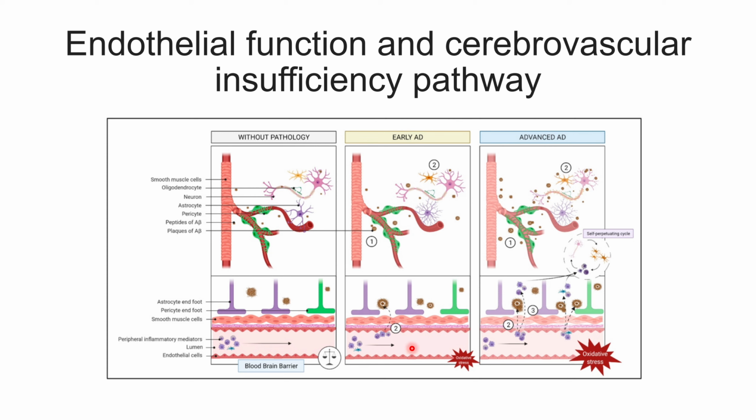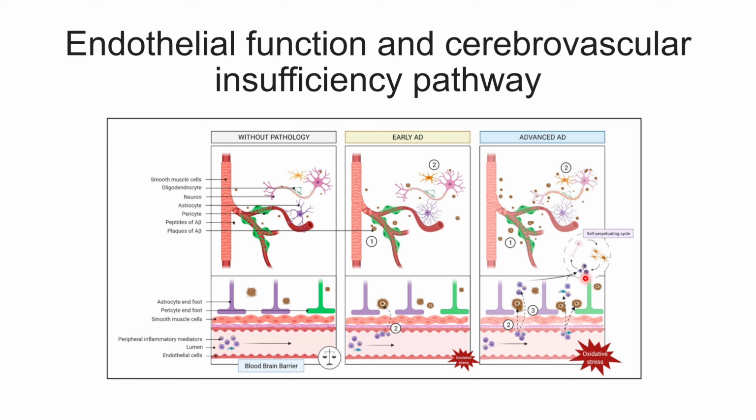This decrease will cause oxidative stress within the patient, and this is the early stage of Alzheimer disease. In the advanced stage, where more plaque of amyloid beta is present, the blood-brain barrier will get more imbalanced, and it might lead to more oxidative stress within the patient.